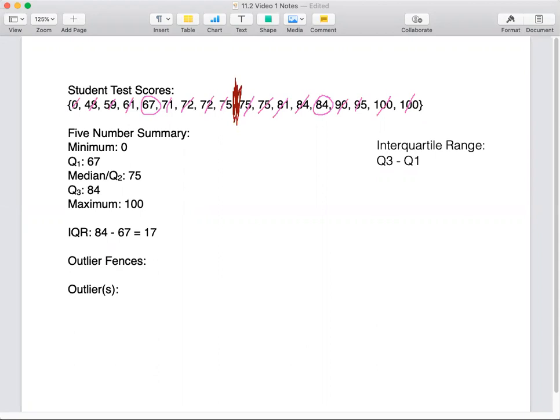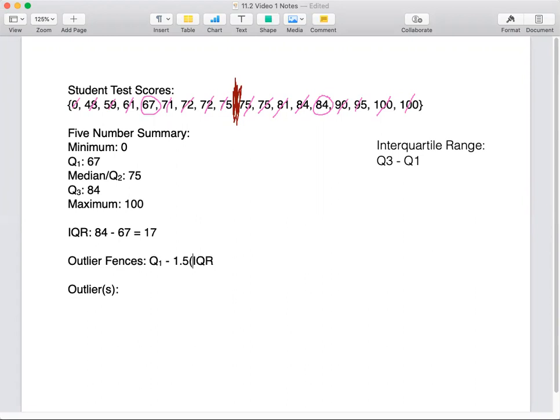Okay, but now what we need to do is calculate outlier fences. And our outlier fences are found by doing two things. We need to begin with our Q1, and then from Q1, we subtract 1.5 times the IQR.